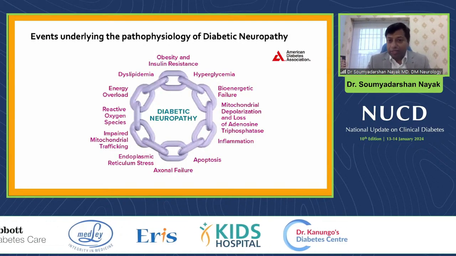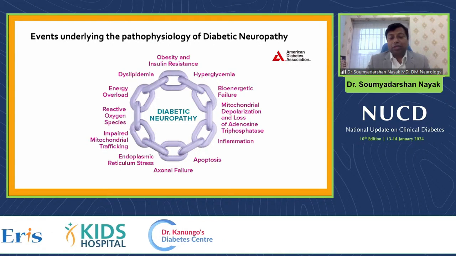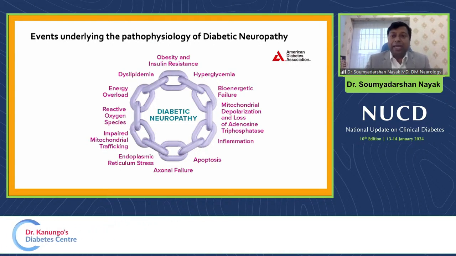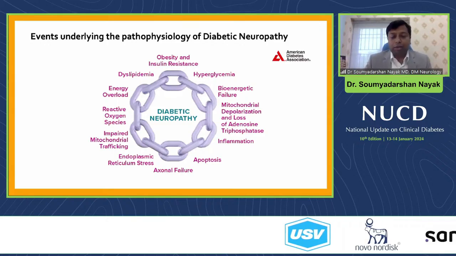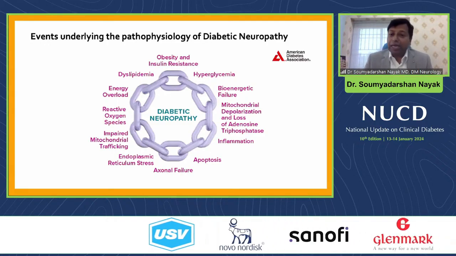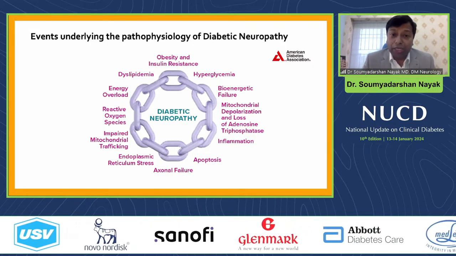We have already discussed obesity and insulin resistance, but a lot of factors play a major role in shaping diabetic neuropathy as it occurs in patients. We see hyperglycemia as the root cause, but is it the only cause?